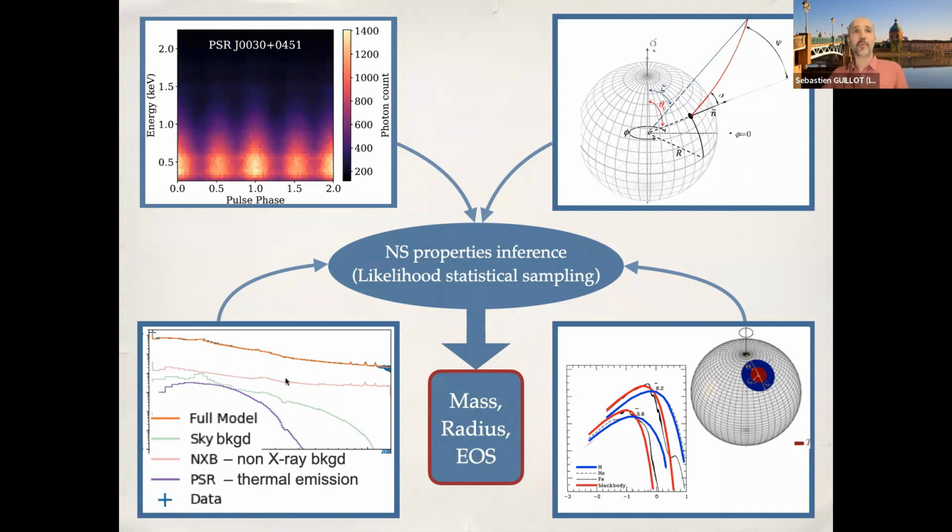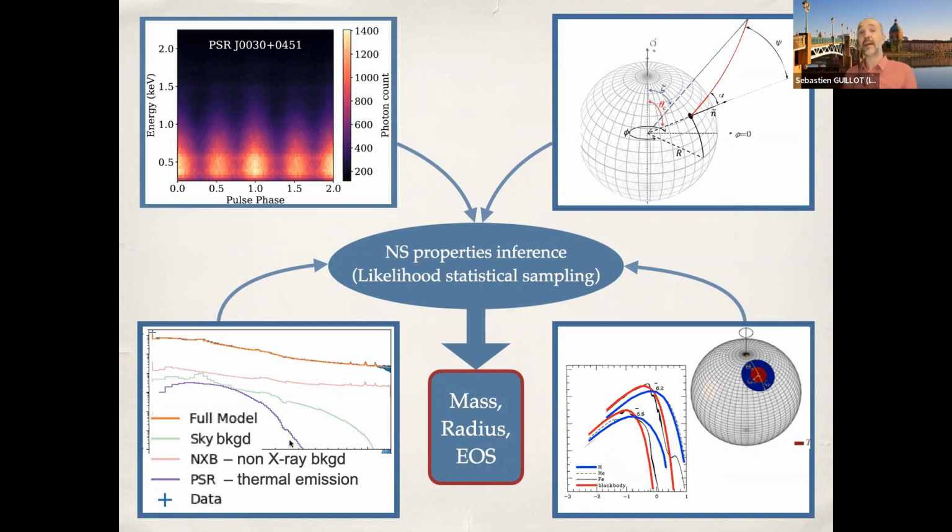The last aspect that we have to consider for NICER is a model of the background. Here I'm showing in orange the total data and the model, the sum of the model on top. Here is the non-X-ray background, here is the sky background, and the thermal emission from the pulsar is here.